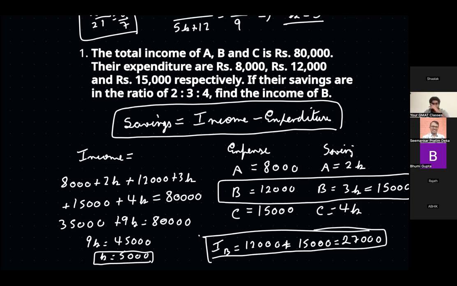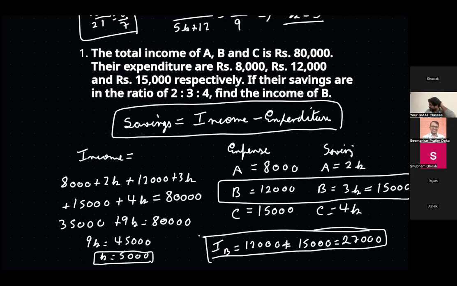Can you solve using the expense ratio? Not really, because, sir, I directly subtracted 35,000 from 80,000, so we got 45,000.